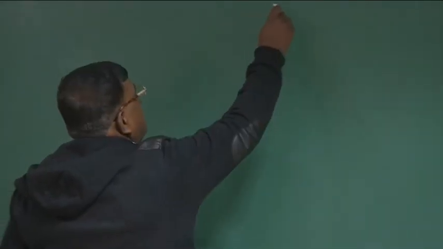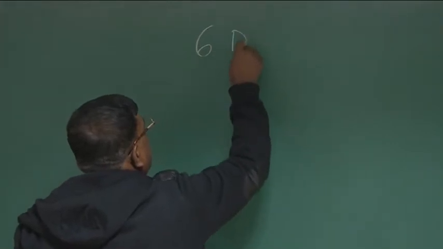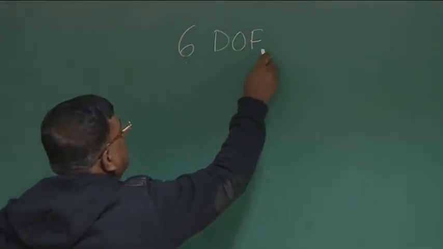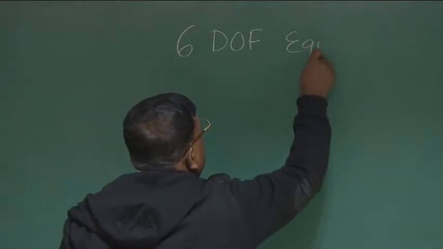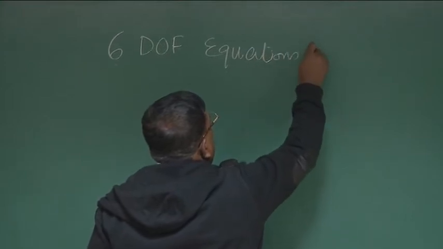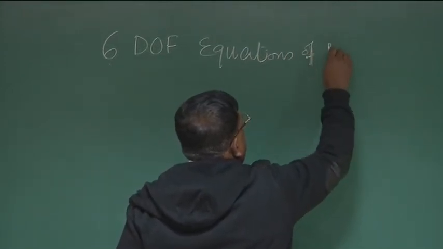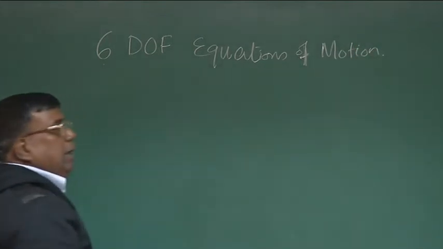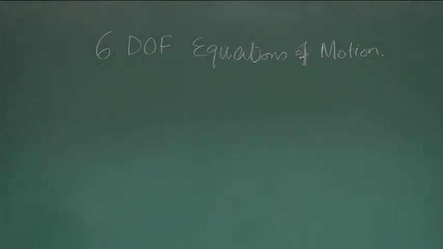Morning. So today we will be spending time developing 6 DOF, or 6 degrees of freedom, equations of motion. And by now you know what the 6 degrees of freedom are.